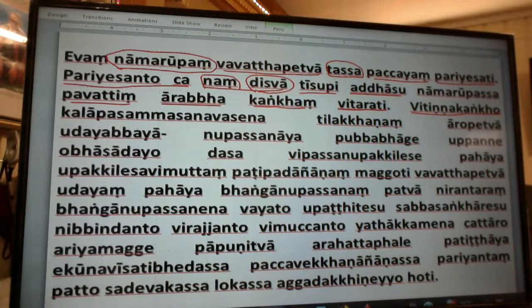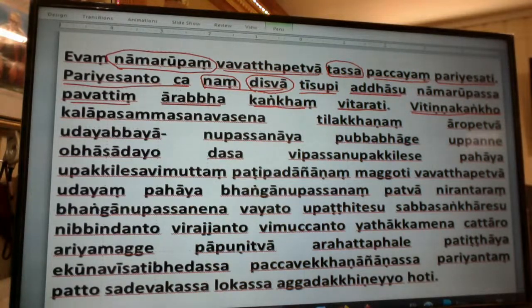Kalapa Sammasana Vasena. Kalapa is a group, not one by one. That meditation method is grouping. Grouping means in the morning time, Namarupa is like this. Afternoon time, Namarupa is like this.